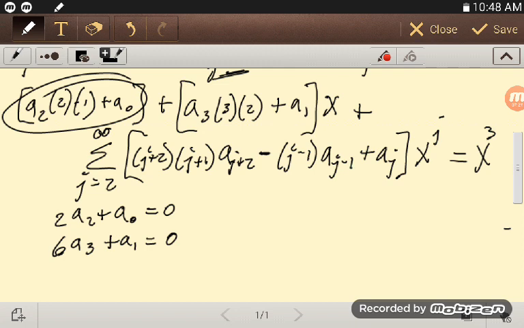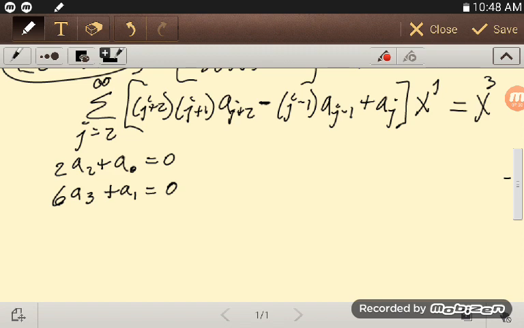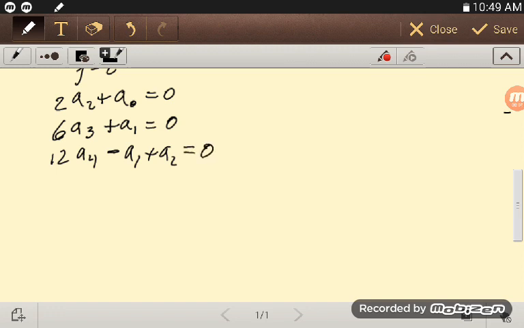Then I have the x squared term. That's j equals 2, that would be 4 there, 4 and 3 more, that's 12, so I'd have 12a4 minus, and again, this is our j equals 2, so I get 1, so minus 1a1, and then plus a2 is equal to 0.